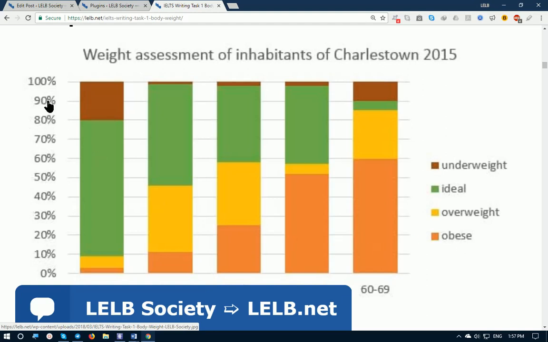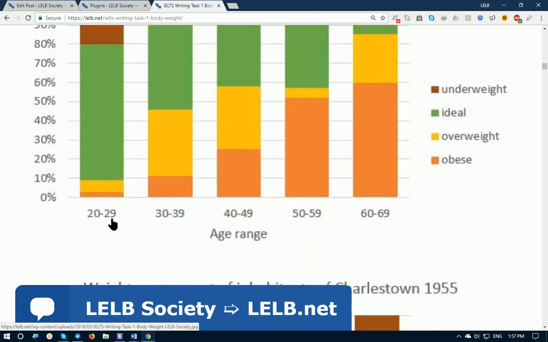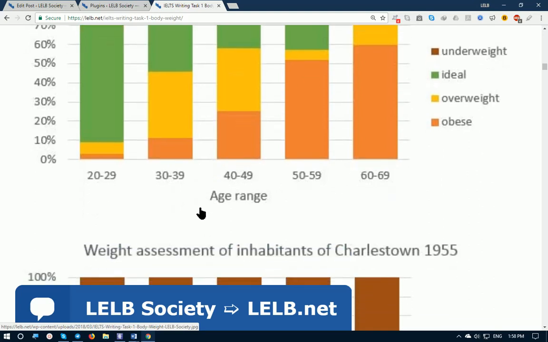And this is the percentage column, and also there are five age groups or age brackets, age range from 20 to 29, 30 to 39, 40 to 49, 50 to 59, and 60 to 69. Actually five decades of life.